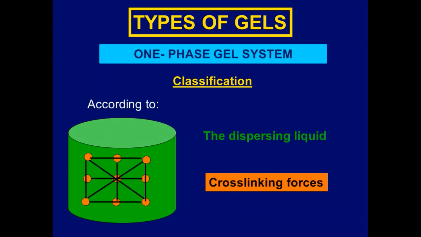There are two systems to classify one-phase gels. Either classify them according to the type of the dispersing liquid or according to the type of the cross-linking forces formed between polymer molecules to give structural network and increase the viscosity of the system.